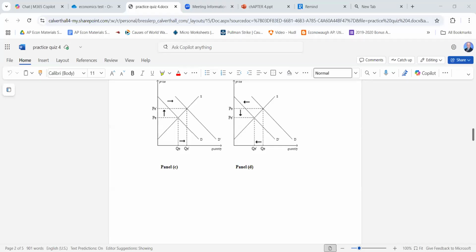Okay, so he starts off with competitive markets, and a competitive market is a market where there are many buyers and sellers. Think thousands of buyers and sellers. So if one seller leaves or one buyer leaves, they have no impact.